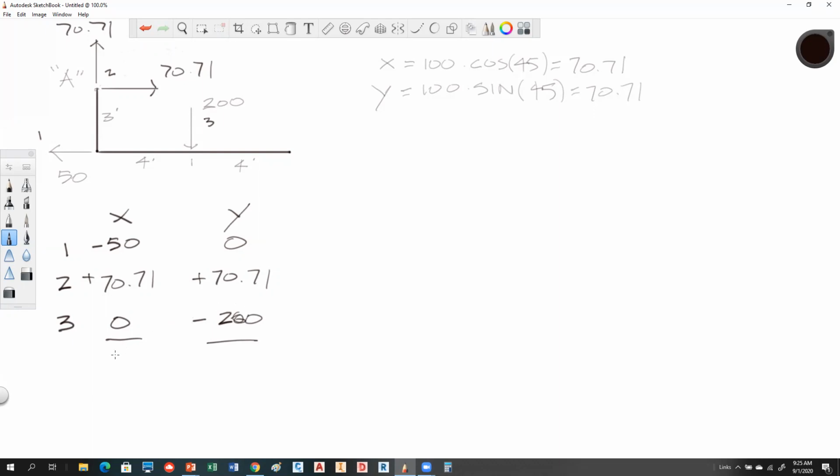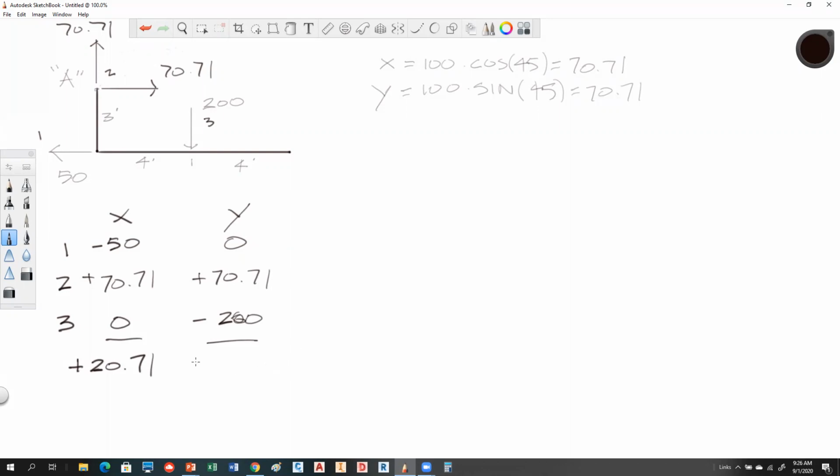So I'm getting a positive 20.71. So that's the direction of the x vector. And then we get 70.71 minus 200.